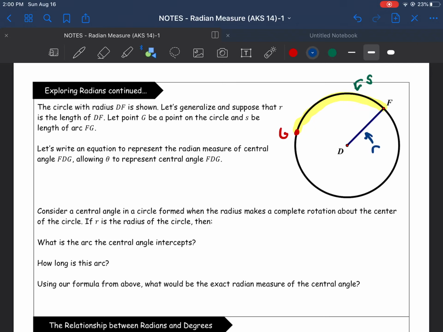If we look at the angle formed, angle FDG, let's call this theta.